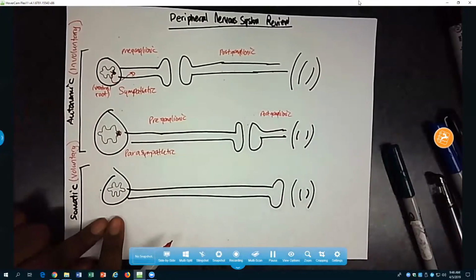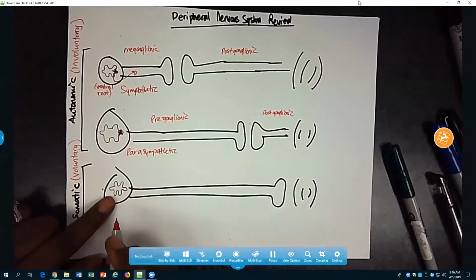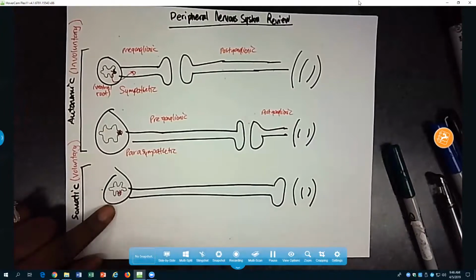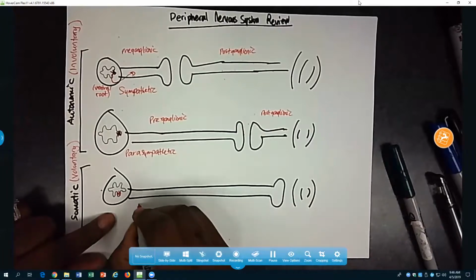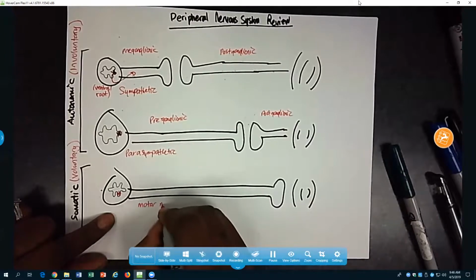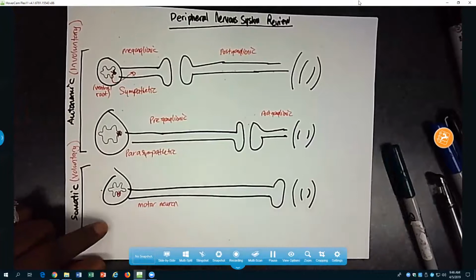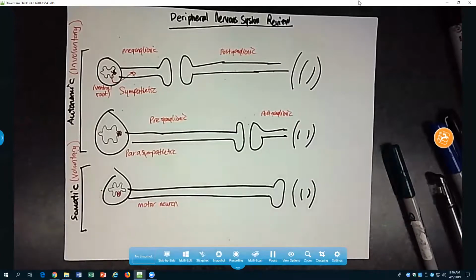Okay, the somatic nervous system, the fibers arise from the ventral horn, not the lateral horn. And then there's just one neuron. This is called a motor neuron. There's no pre, there's no post, one neuron, the motor neuron.